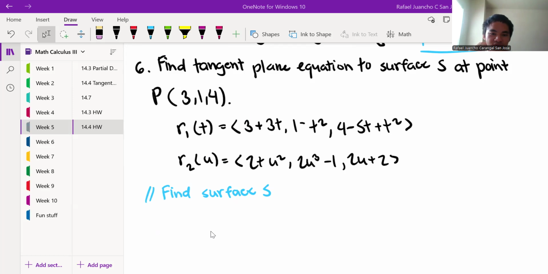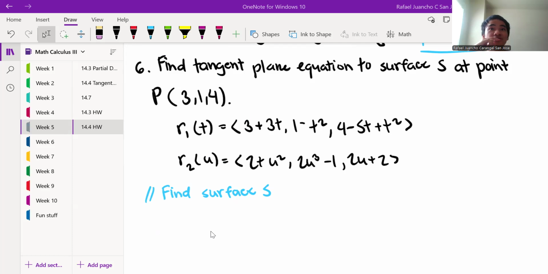We can compute their derivatives, so we'll get the tangent vectors to the two curves at the point. So we'll find our two vectors.